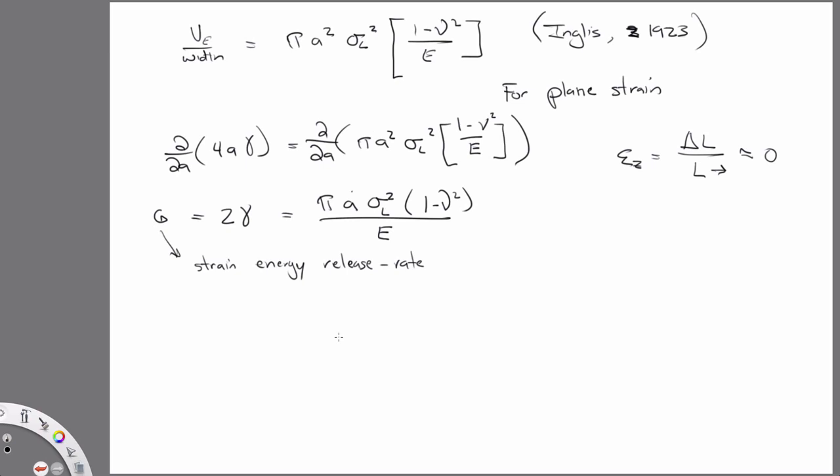What you would see is that there would be some critical far field stress that, if we did it enough times, statistically there'd be some critical value at which it occurred all the time. And when I say occurred, it actually ruptured. It broke into two pieces. Right? Then this would be called the critical value of the strain energy release rate.